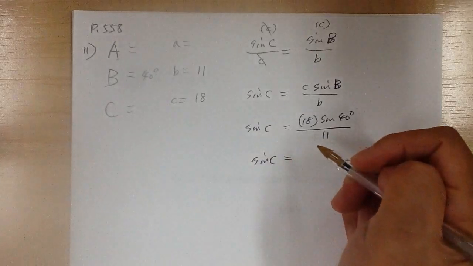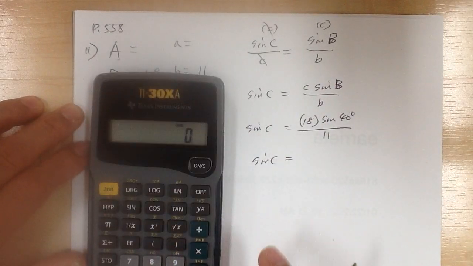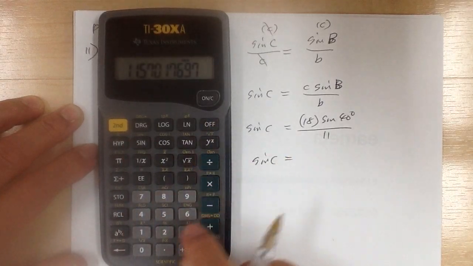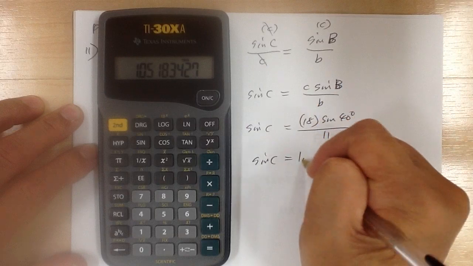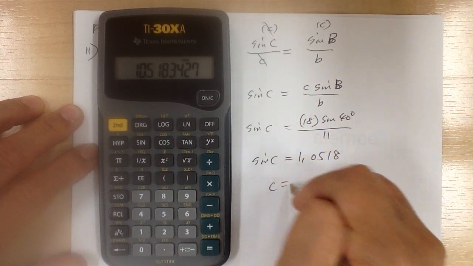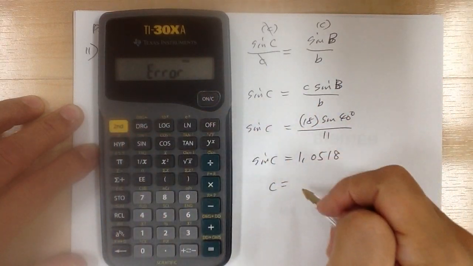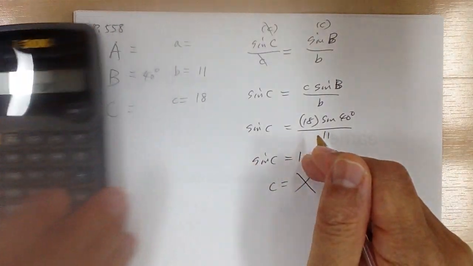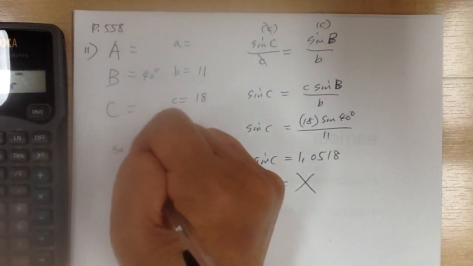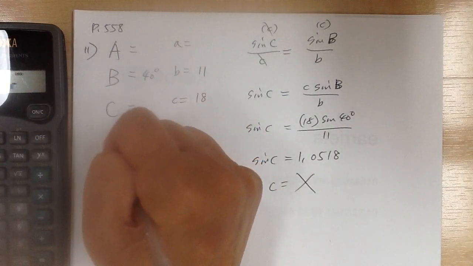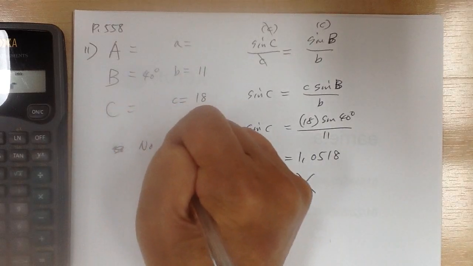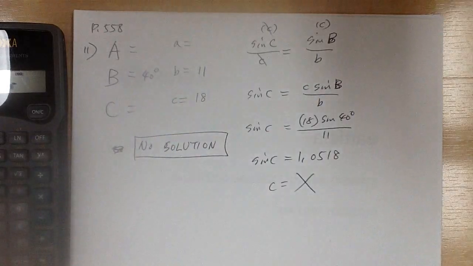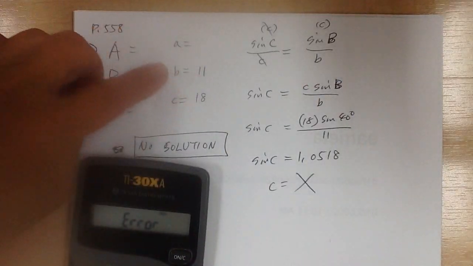So sine C equals, okay, sine 40 times 18 divided by 11 equals 1.0518, and when you take the inverse sine, it gives you an error. So that means this is impossible. This would be no solution. This triangle is impossible, and there's no such thing. It's not going to be able to make a triangle.